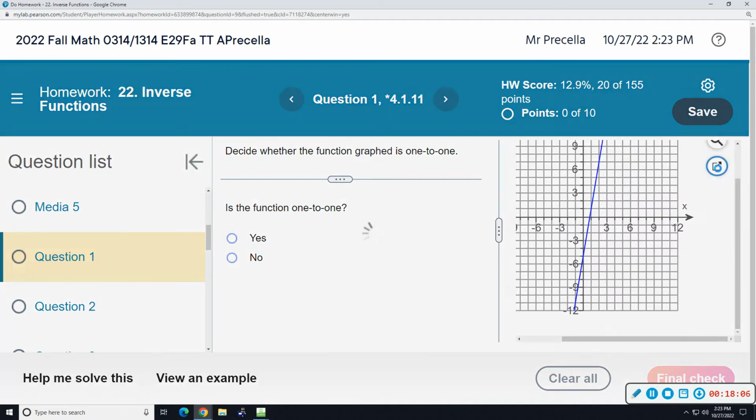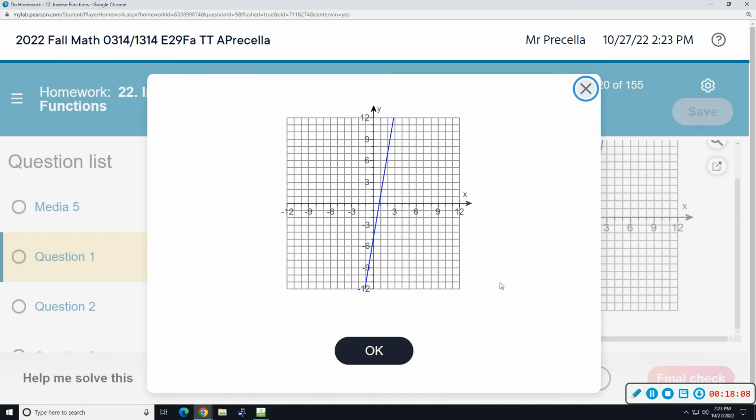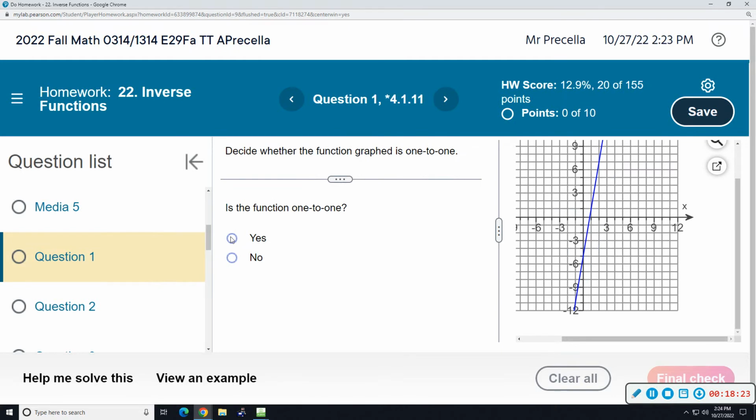And this is actually answering the question: is a slanted line a function? Slanted lines are functions. Are they 1-to-1? Yes. All slanted lines are 1-to-1 functions. I'm going to write that down.